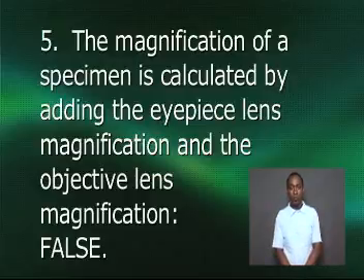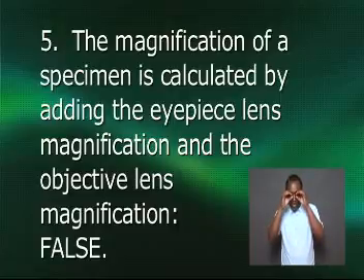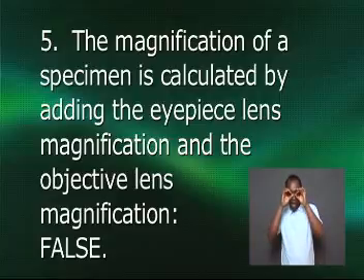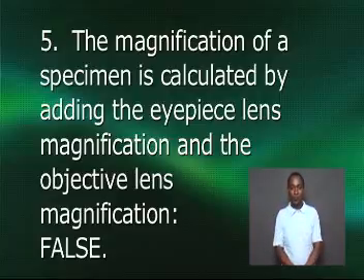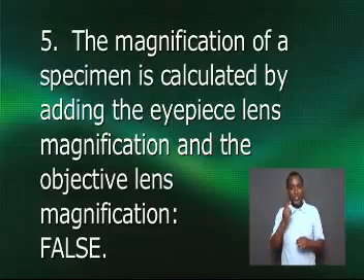The magnification of a specimen is not calculated by adding the eyepiece lens magnification and the objective lens magnification. It is determined by multiplying the magnification of the eyepiece lens by the magnification of the objective lens.